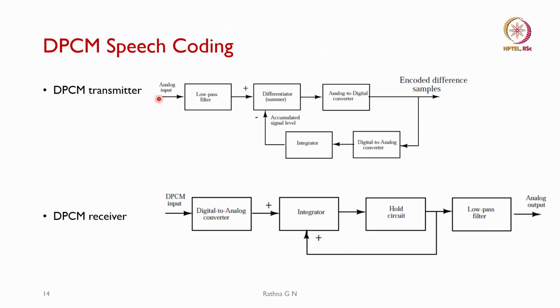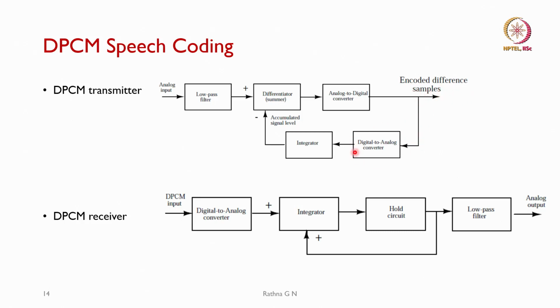Here it is the analog input, followed by a low pass filter, and then there is a differentiator, basically a summer, with one positive and one negative input. You take the difference between the two, then do the analog to digital conversion and encode the difference samples, which you send out for transmission.